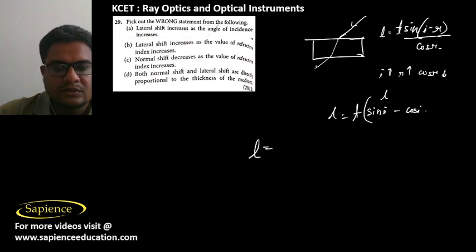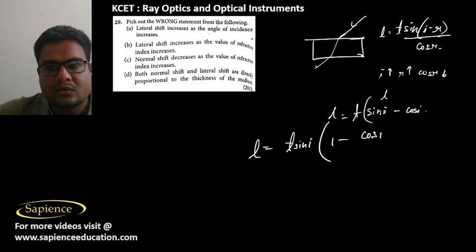So the lateral shift can be written as t sin i into 1 minus cos i by square root of mu square minus sin square i.